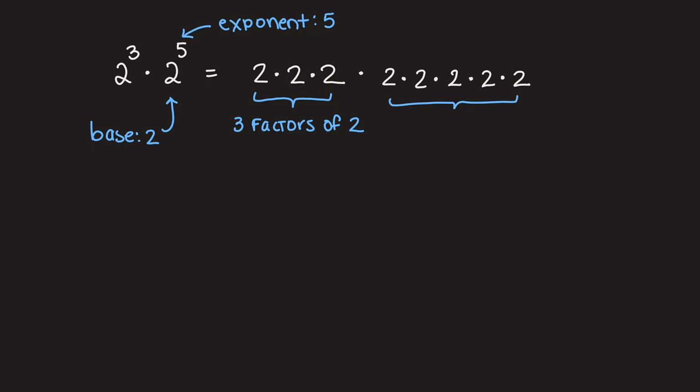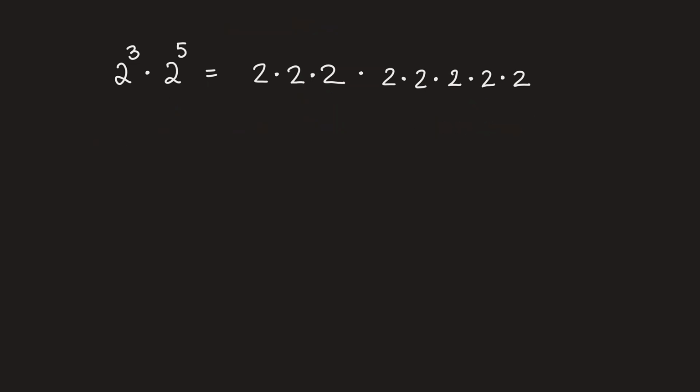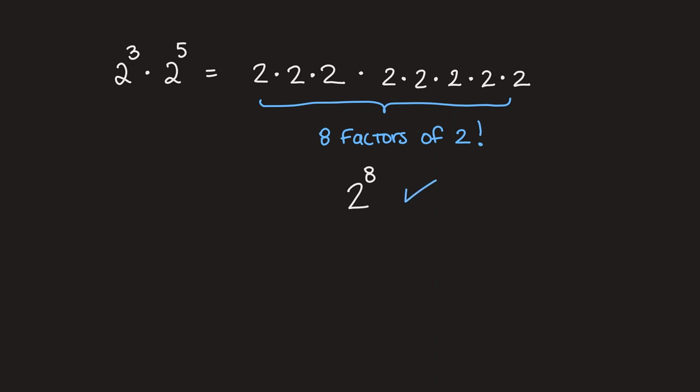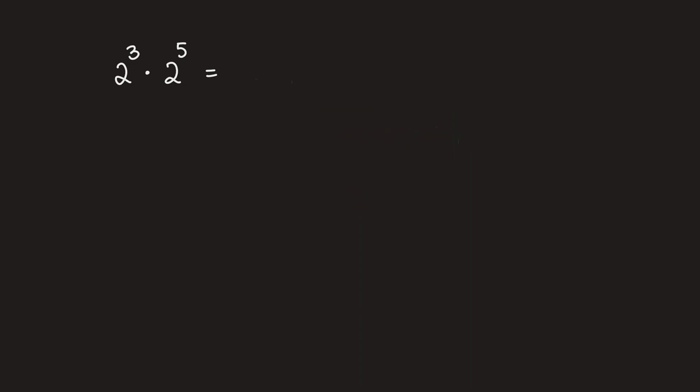Therefore, we will have 5 factors of 2 for this one. Now, if we look at this as a whole, notice that we have 8 factors of 2. And this can be written in exponential notation as 2 to the 8th power, meaning 2 to the 3rd times 2 to the 5th is the same as 2 to the 8th.